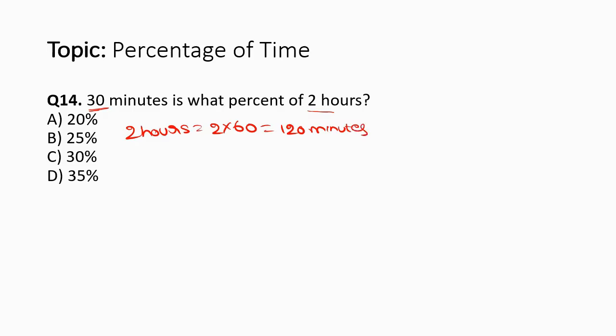So 30 is what percent of 2 hours means 30 by 120 into 100. 3 ones, 3 fours, 4 ones, 4 25s is equal to 25%. The answer will be 25%.